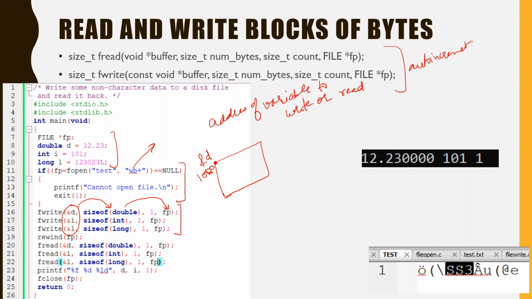Suppose this is your file, and &d has 12.23 as value. Since double is stored in 8 bytes, these 8 bytes of data, not the value, would be taken and written at the beginning of the file pointer, and the file pointer would shift to the end of these 8 bytes.